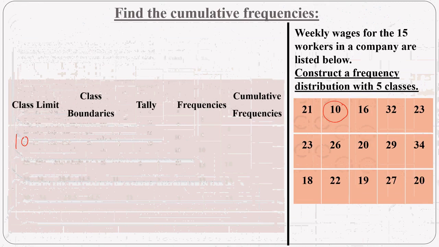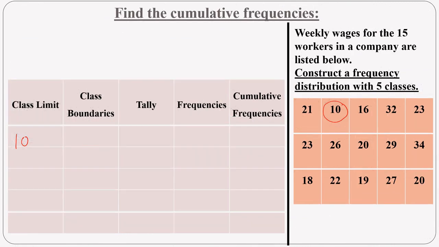Now we know the lower value is 10, and we got the class width 5. So 10 plus 5 will be 15.